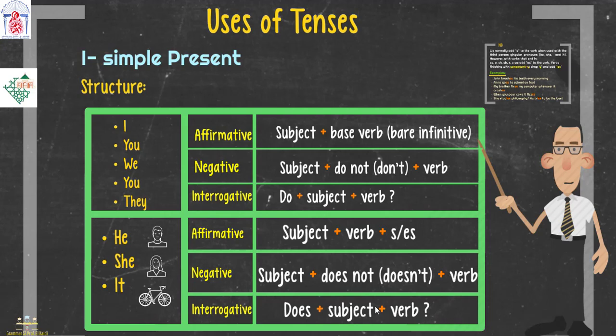Does she walk? Does it walk? Now remember, I mentioned at the beginning of this video that sometimes it is necessary to make some morphological changes to change the spelling of the verb to conjugate it in a certain tense. Now when it comes to the simple present, these changes happen only with these pronouns here: he, she, and it.